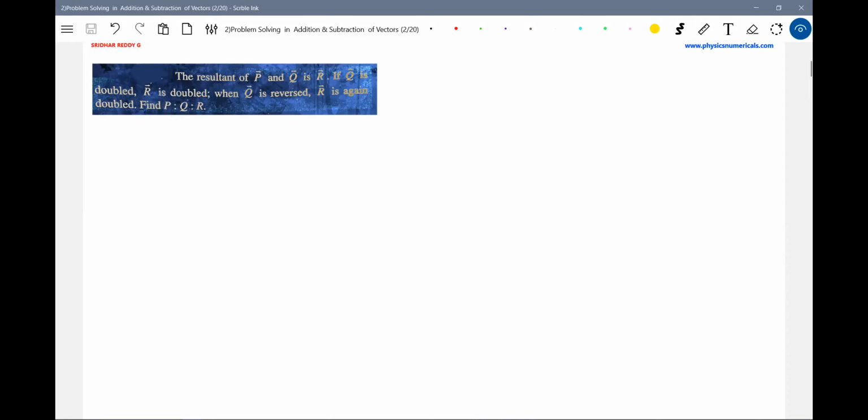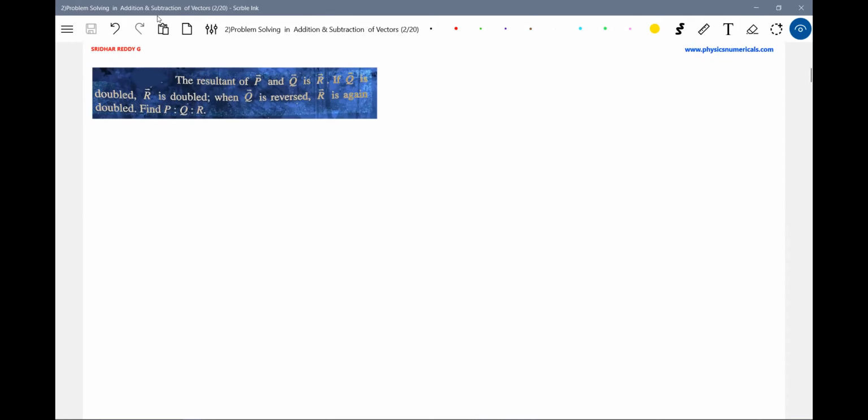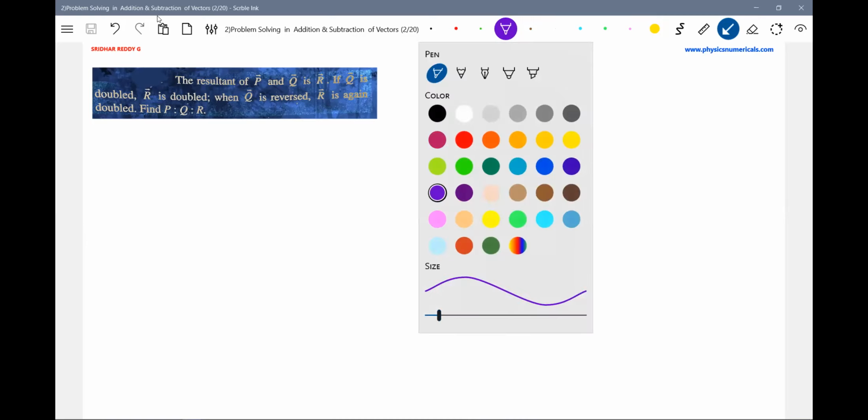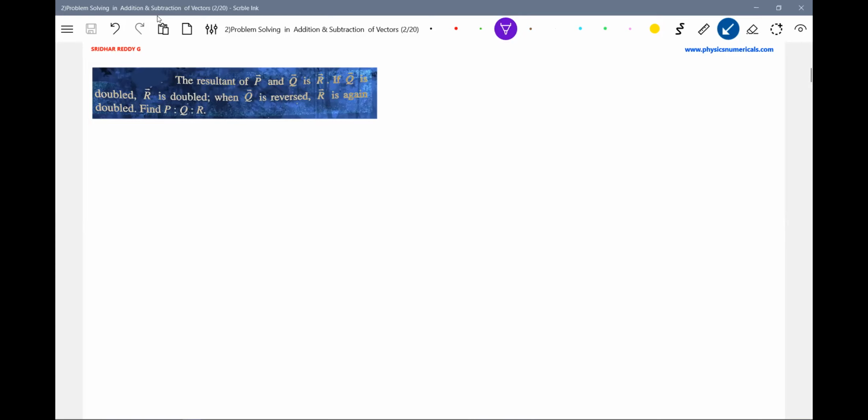So now if you can check it, I suggest you draw a diagram, because solving the problem will become a little bit easier if you take help of a diagram. So there's the P bar vector.